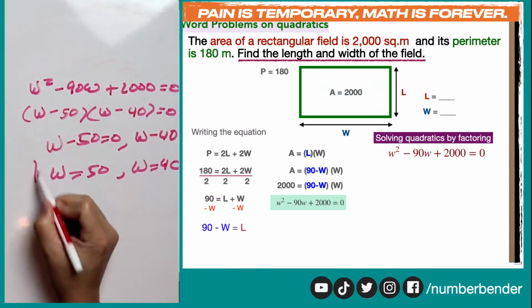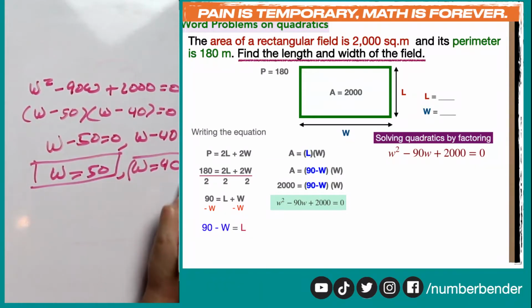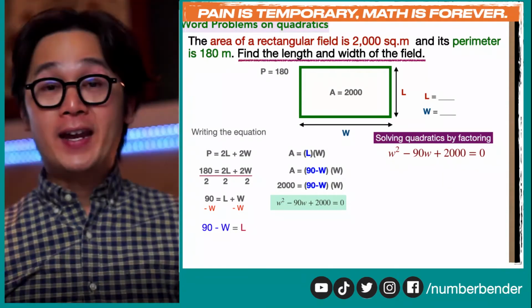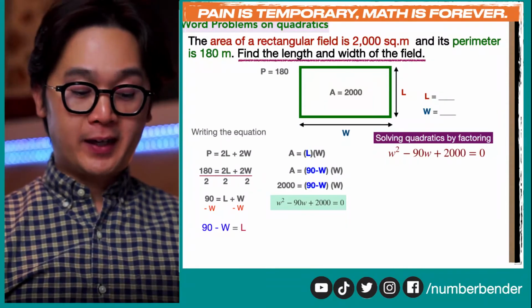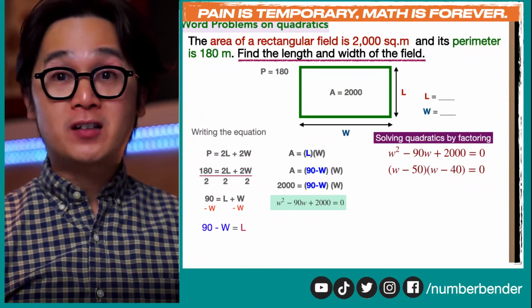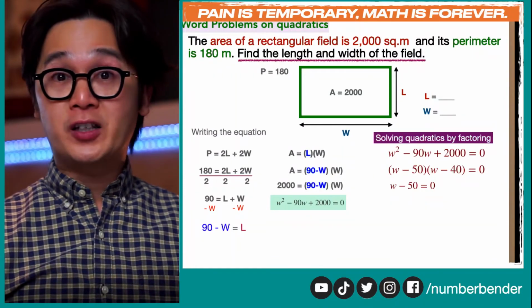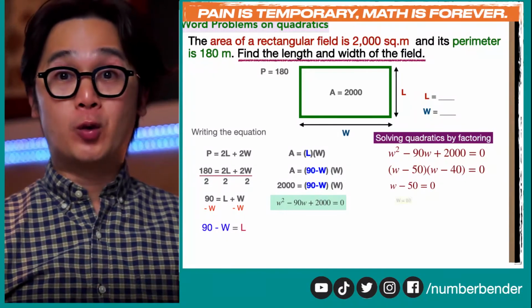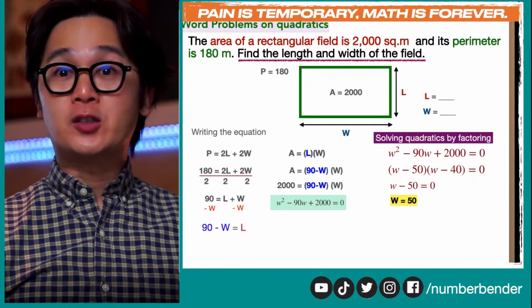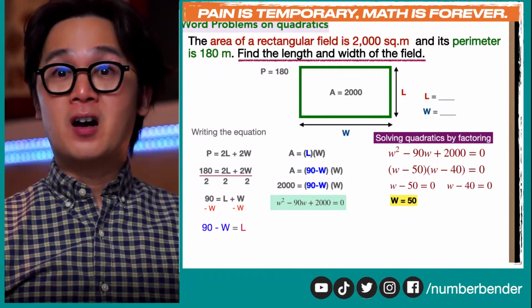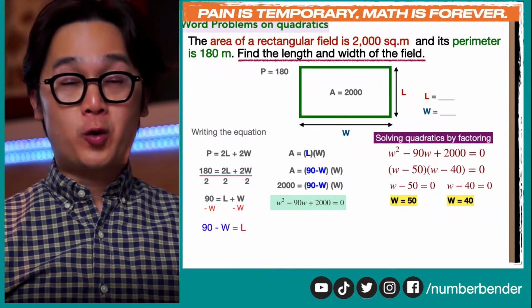So now I have two sets of measurements for the width in this particular calculation, and we're going to use that in completing our word problem. So by factoring, we're able to produce the two solutions or two possible values of the width that will satisfy our word problem. One is W equal to 50, and the other one is W equal to 40.